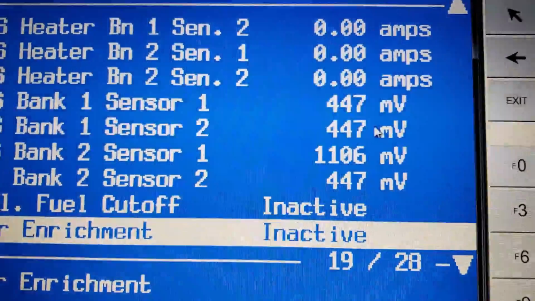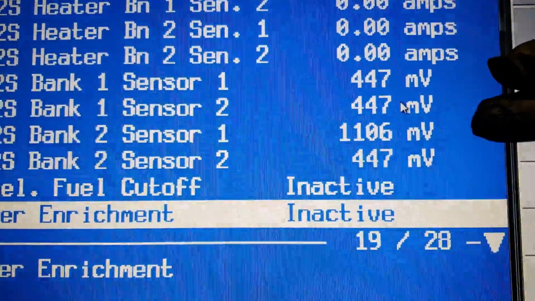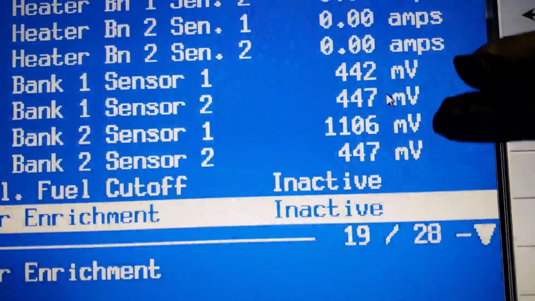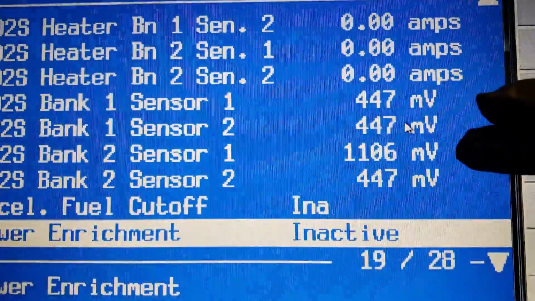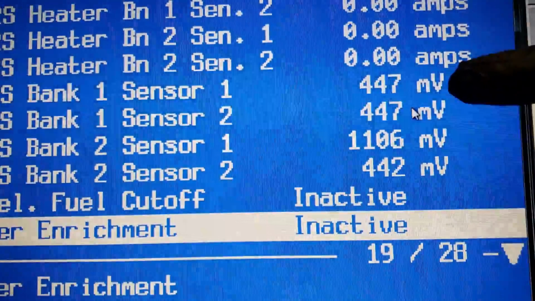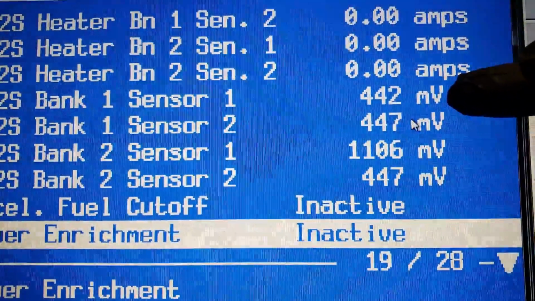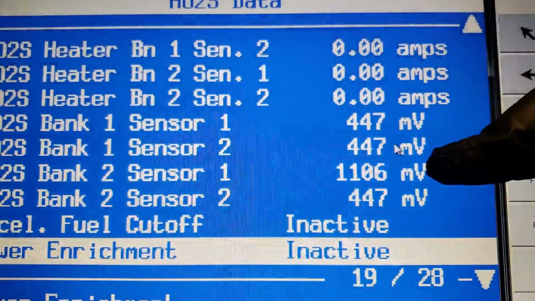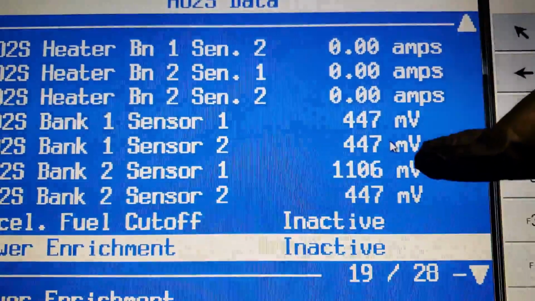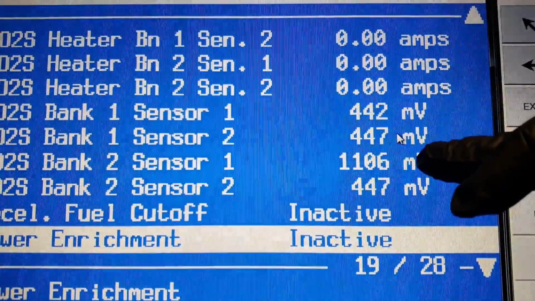So you have to be able to determine, looking at the data, that this data is not correct, it doesn't make any sense. What do I need to do to diagnose this? And because we have another sensor that we know is reading good, because we don't have a problem with that bank, if we swap the two and the problem follows, then we know that it's the sensor, not the engine.